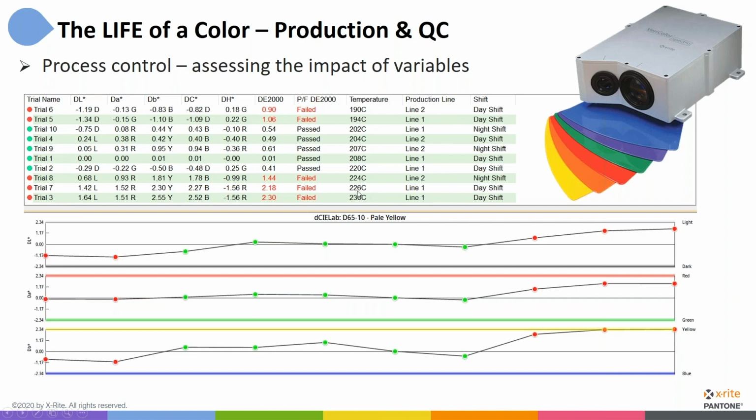Now, again, this is a simulated situation. I've made it very, very easy for us to detect that. It's never going to be quite that clear, but you may find that it's a combination of things. Oh, we have a temperature issue and it's always on the night shift. In fact, this is a real world example I had.